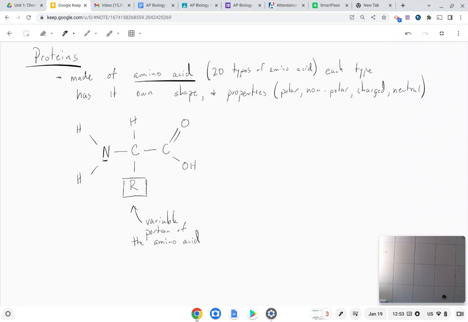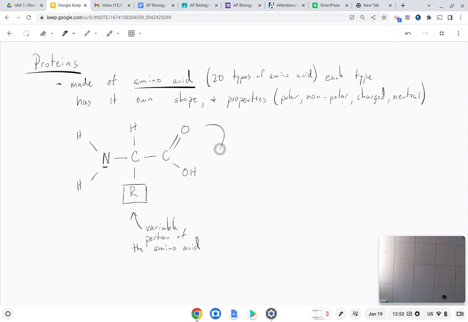Okay, so this whole molecule here is called an amino acid, right? And it is the monomer. It's the repeating part that forms the protein.